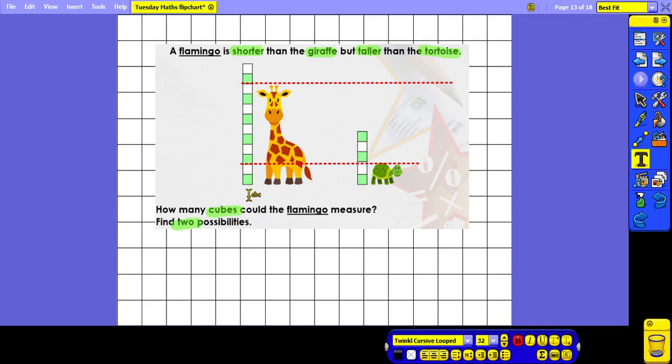The flamingo could be 3 cubes tall, because then it would be taller than the tortoise and shorter than the giraffe.